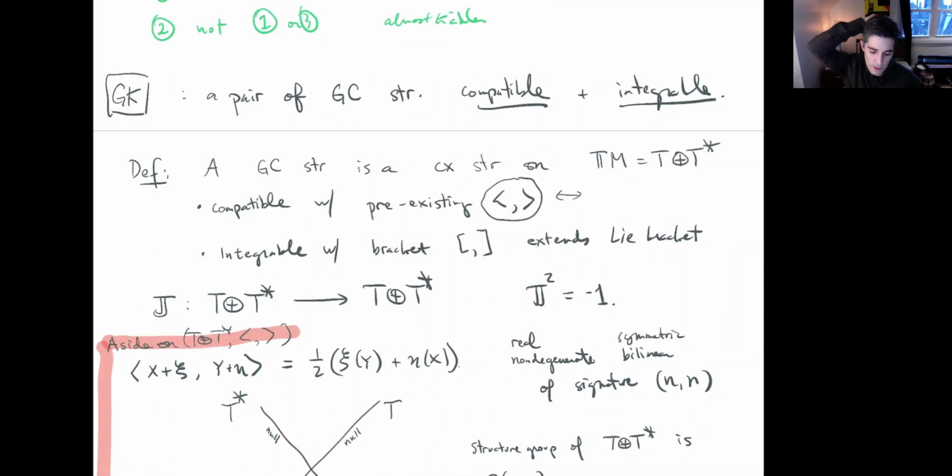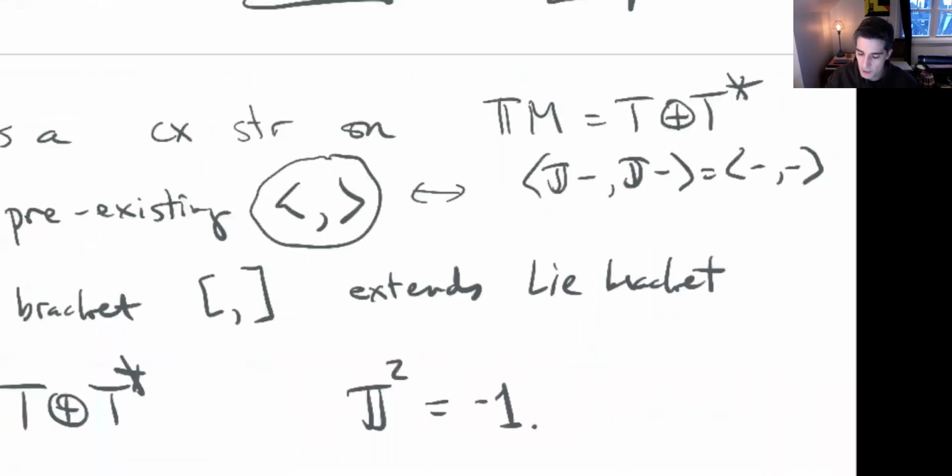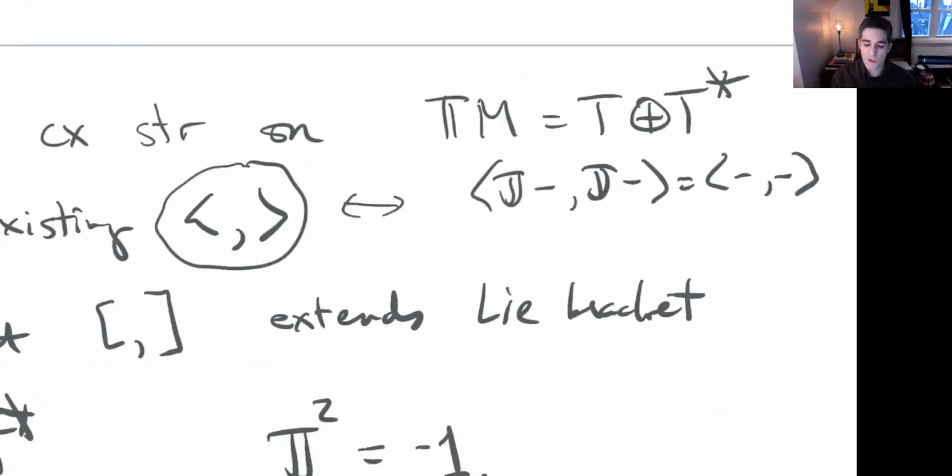So this has two interpretations. You might think, well, okay, what does it mean for J to be compatible with this inner product? Maybe it means that it is an orthogonal transformation. So maybe it means J is equal to this, which is to say that J is an orthogonal element, an element that preserves distance.